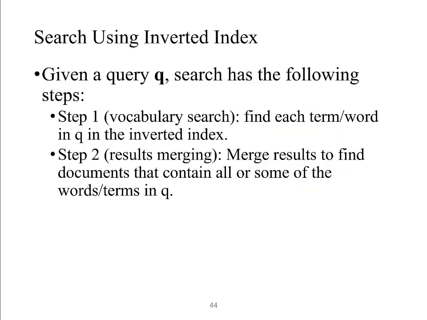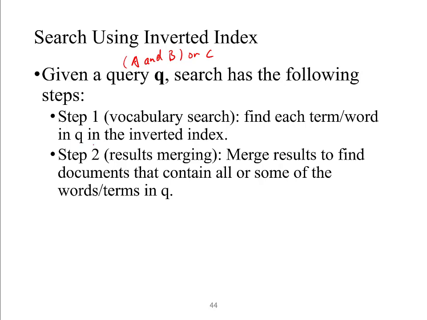All right, so search using inverted index. Given a query Q, remember query Q is like A and B or C, such kind of format, right? So the search has the following steps. Step one, you find each term in Q in the inverted index.